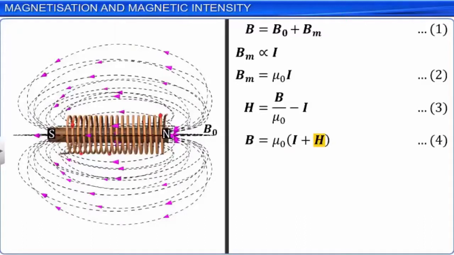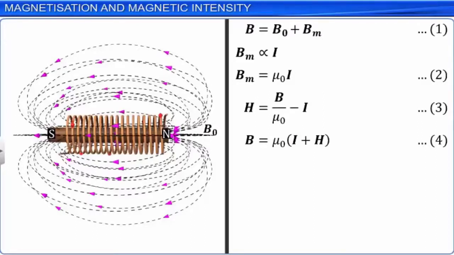It can be expressed as I = chi H. Let this be equation 5, where chi is a dimensionless quantity called magnetic susceptibility.